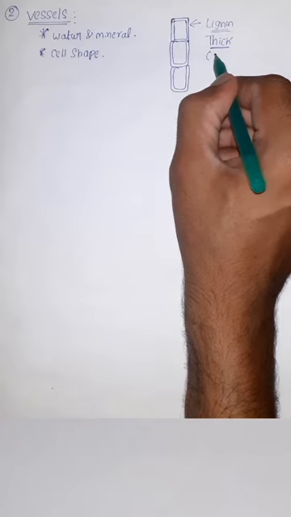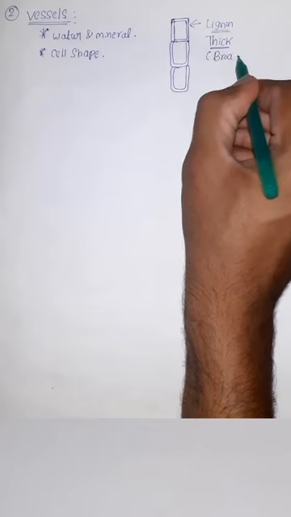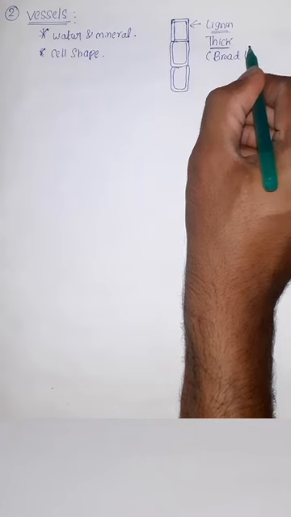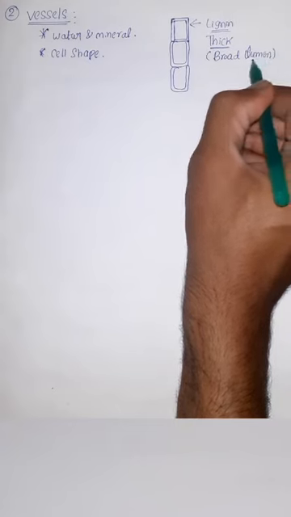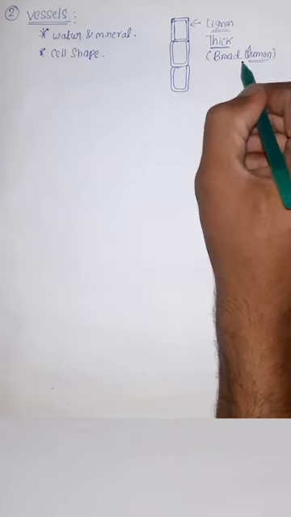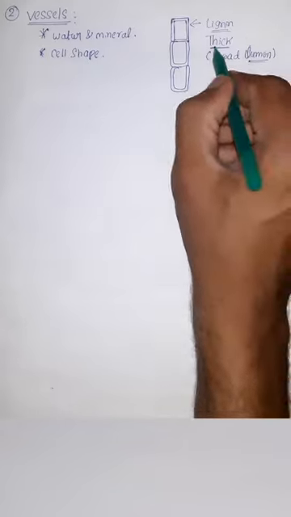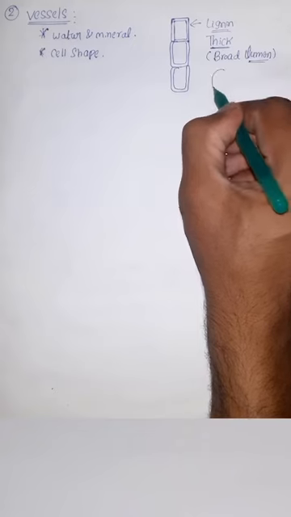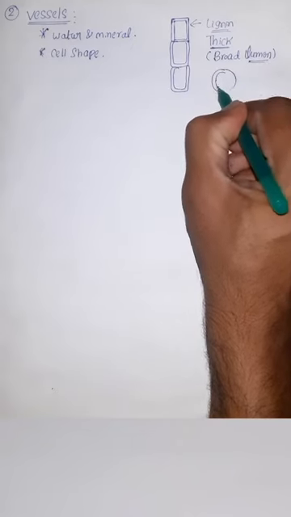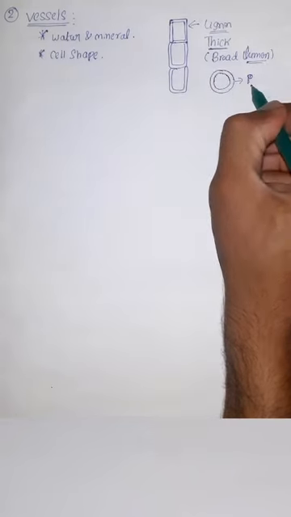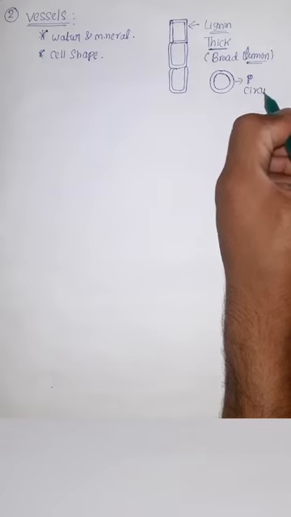That's why they have a broad lumen. When compared with tracheids, the lumen is also very wide. In the cross section, the cells usually appear circular.